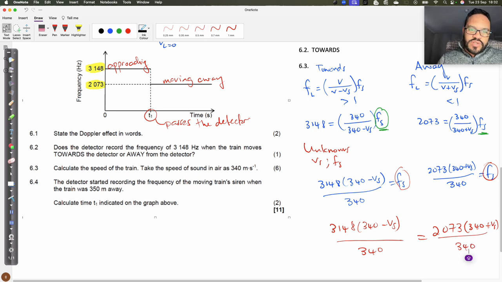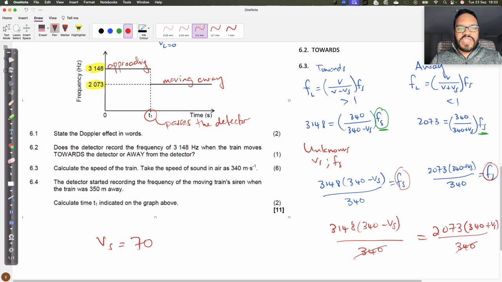Now at this point, students, you've got 340 on both sides, so that's going to fall away, and now you multiply these things out, getting all the Vs's to one side, and you should get a final solution of Vs equal to 70 meters per second.